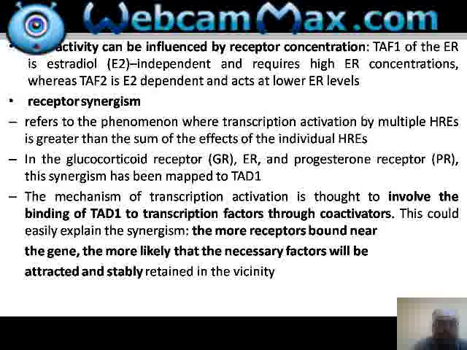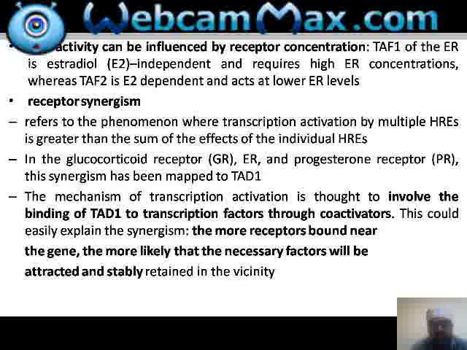Beyond this, if we talk about the domains of the nuclear receptor, the AB domain of the nuclear receptor has what is called receptor synergism. So the first property is gene selectivity, and the second is receptor synergism. What does synergism mean? It refers to the phenomenon where transcription activation of multiple HREs is greater than the sum of the effects of individual HREs.